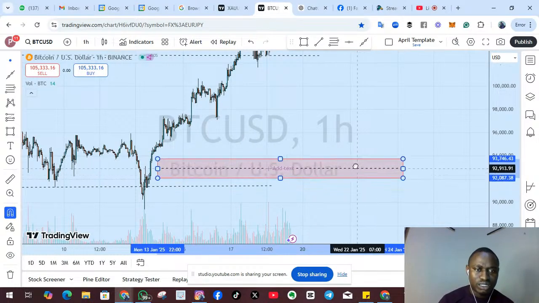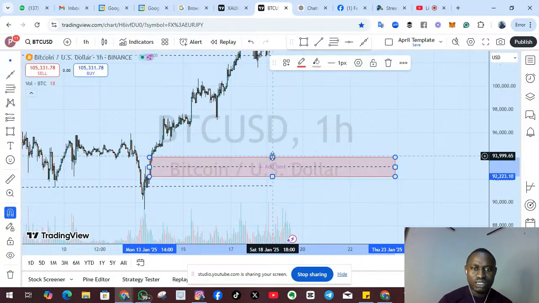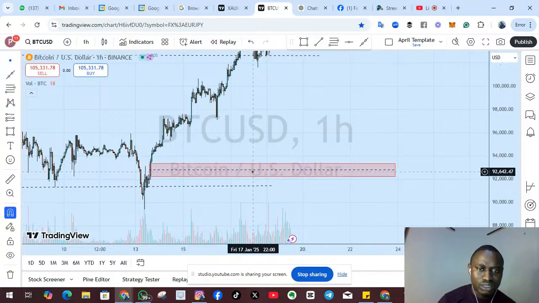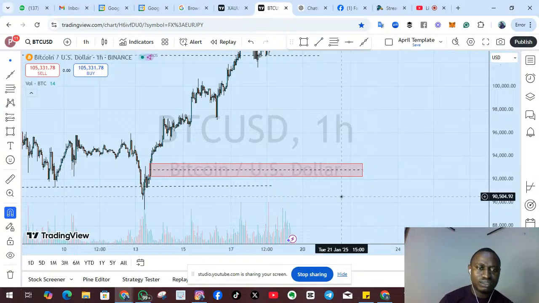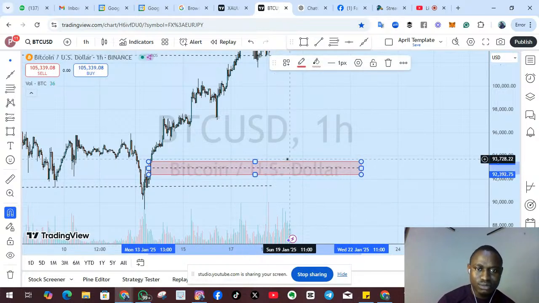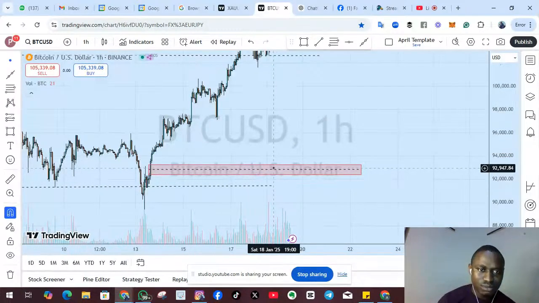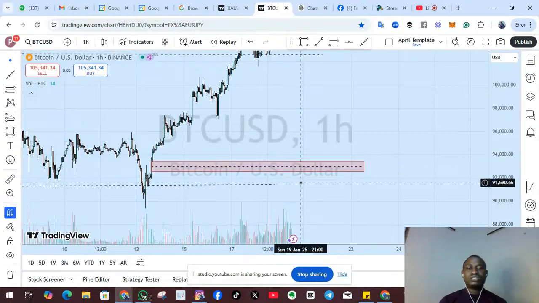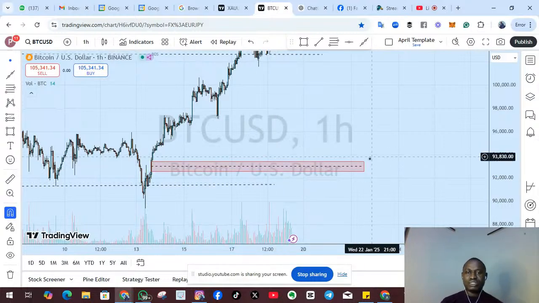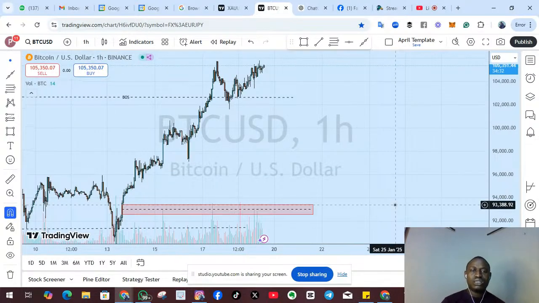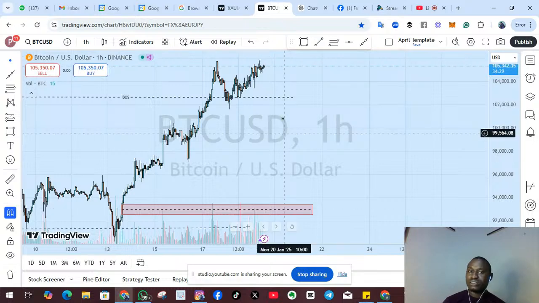But based on what we have here, which is the fair value gap we can see here, we can short Bitcoin.